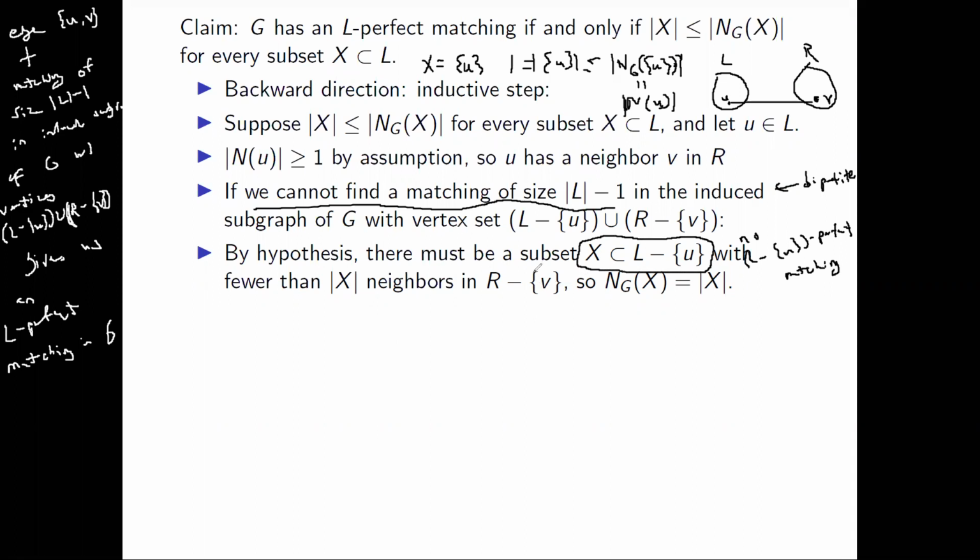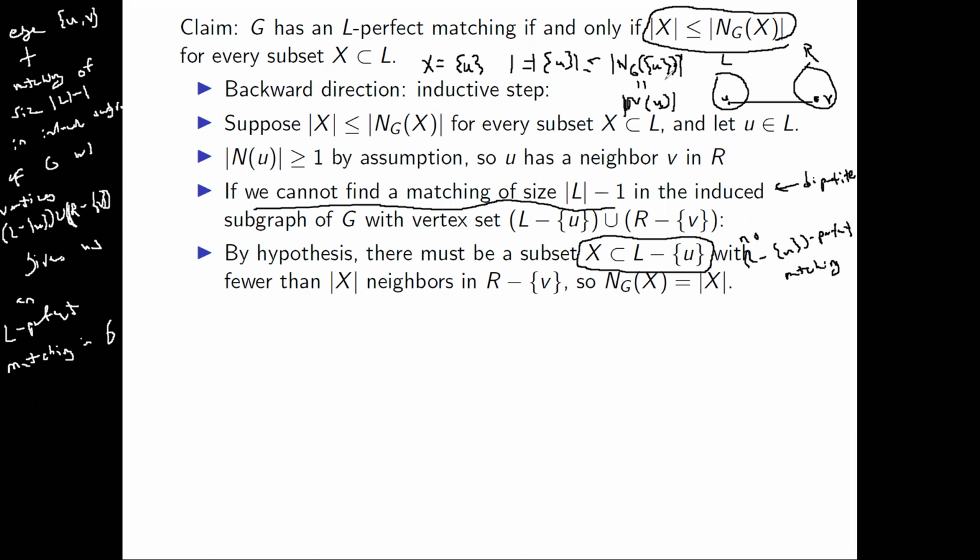And we know that in the graph G, the number of neighbors of X in G was at least cardinality of X. And we know that in this induced subgraph, where we restrict to L minus U union R minus V, the number of neighbors is fewer than cardinality of X in there.